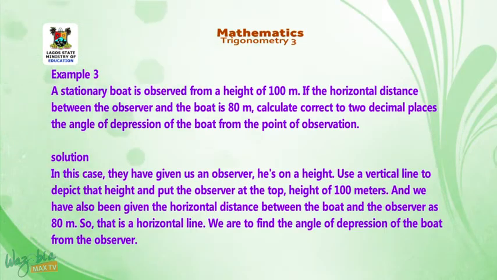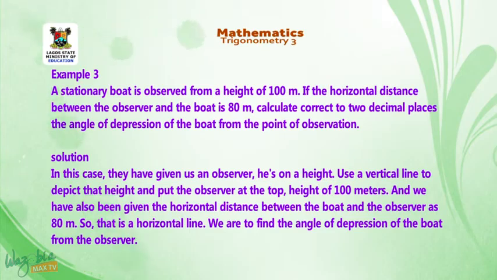In this case, they have given us an observer on a height. Use a vertical line to depict that height and put the observer at the top. Height of what? 100 meters. And we have also been given the horizontal distance between the boat and the observer as 80 meters. So that is a horizontal line.